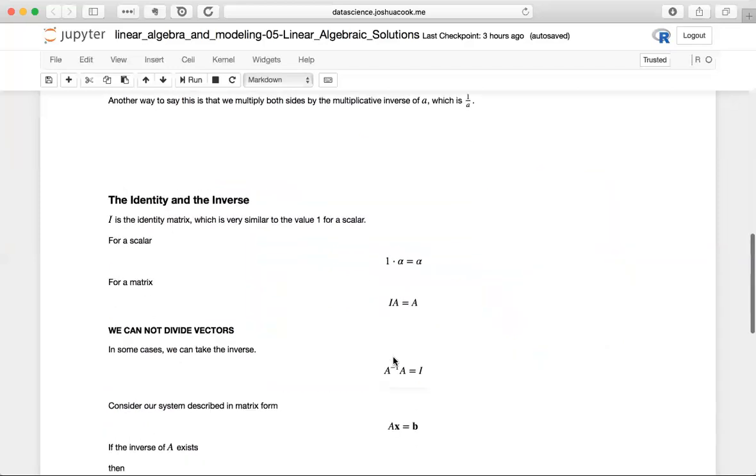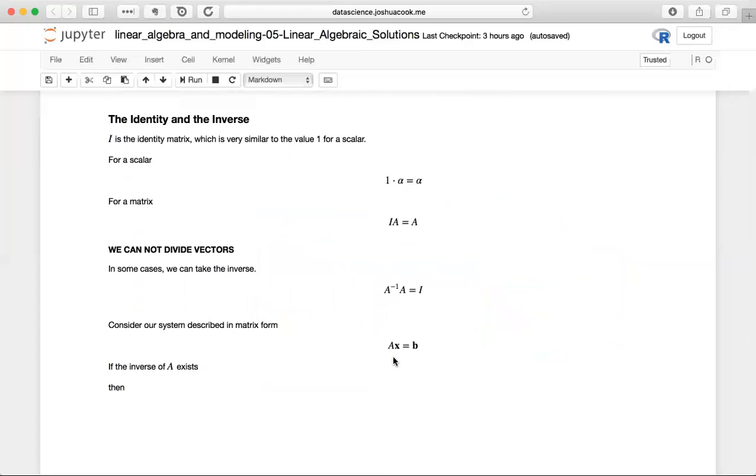So when we're doing linear algebra, we should be thinking about, well, let's start with the identity. When we have scalar values, the identity for a scalar value is the number 1. So if I have a scalar alpha, 1 times alpha is equal to alpha. The identity is something that doesn't change the original value. So we can multiply anything by 1 and we get back what we started with.